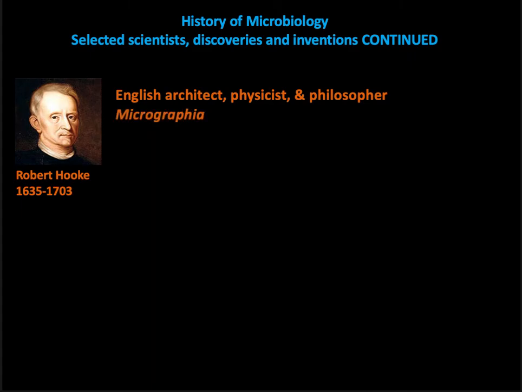And he actually made a simple microscope, and then he recorded everything that he saw under the microscope, and some of those sketches and descriptions were put together in a book and published, and it's called Micrographia.